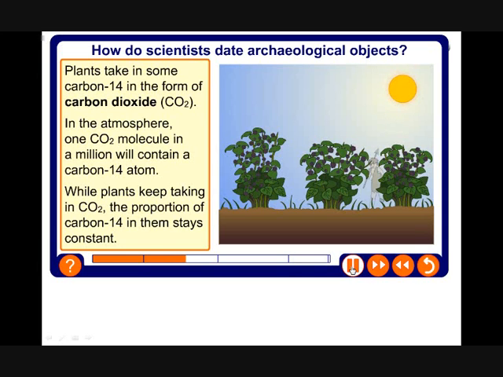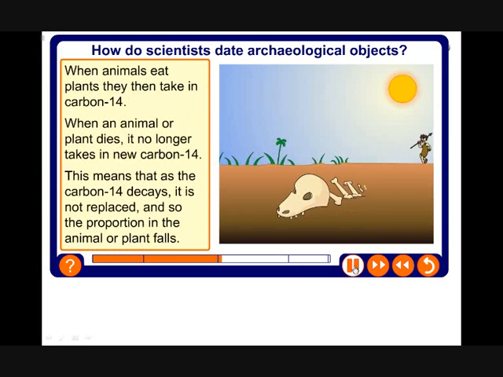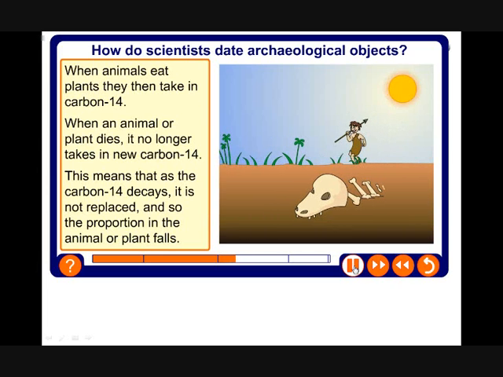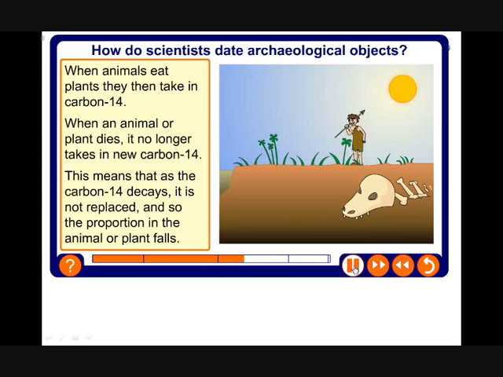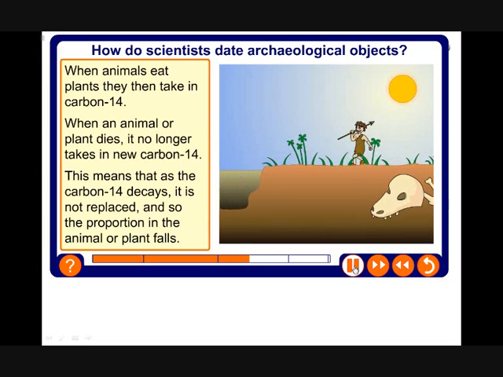So in any plant there's going to be a proportion of radioactive carbon-14 as part of the carbon. And you can see here from our little animation we've got someone coming along and eating the berries, or eating the plants. Now that means there's an element of the plants that's radioactive, and there's also an element of our friend that's been eating them that will be radioactive. So throughout the plant's life and throughout the human's life, they are both going to be radioactive.